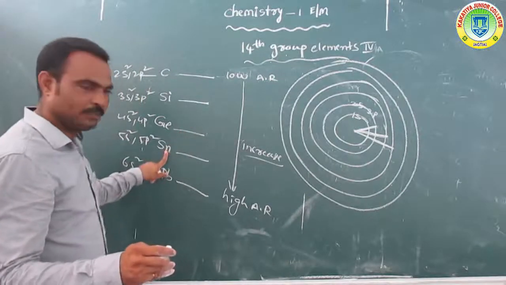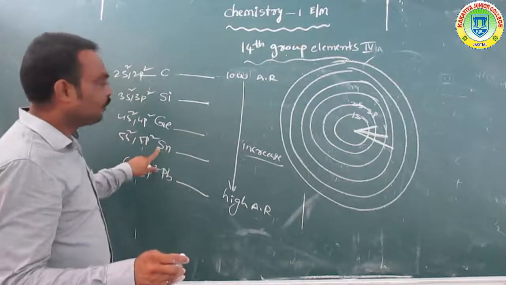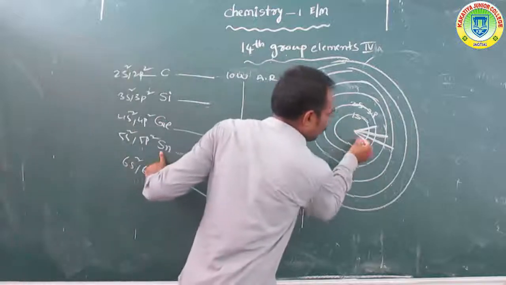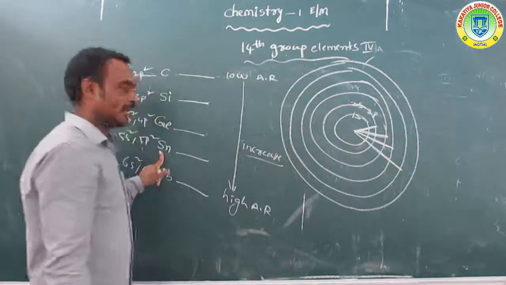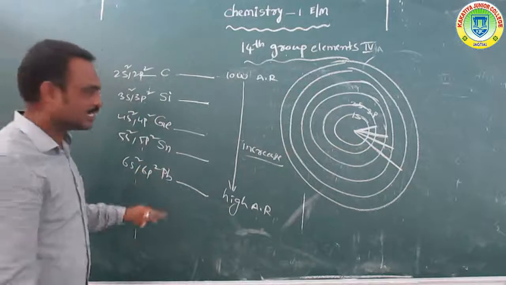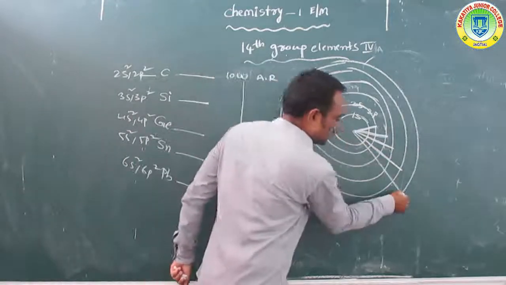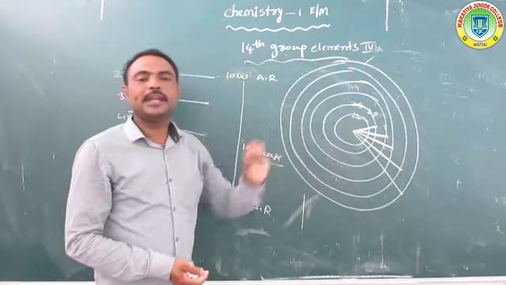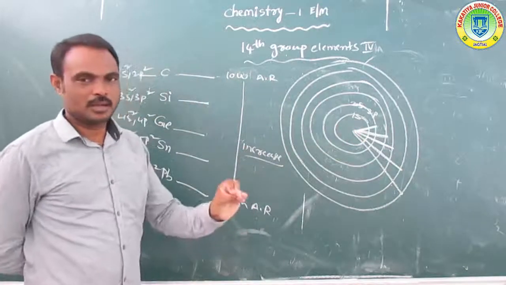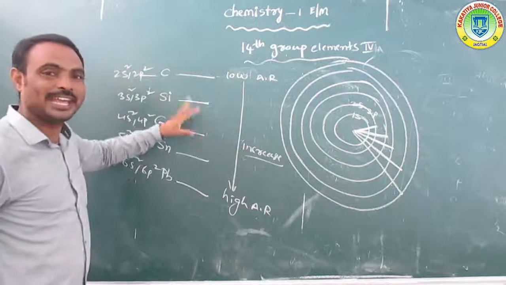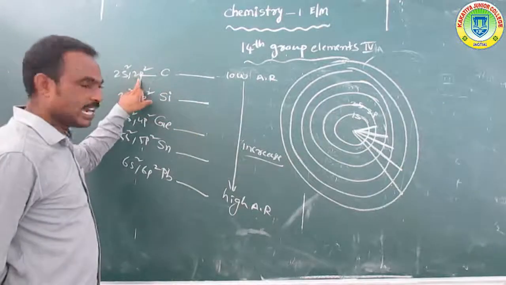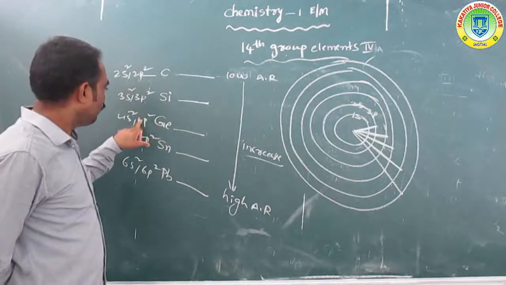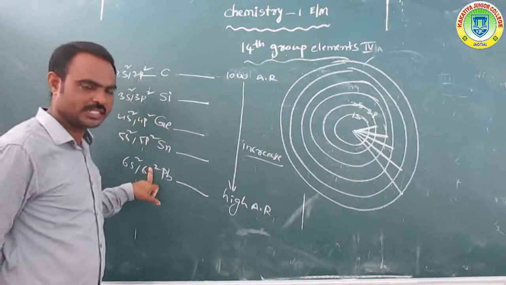At the same time, tin is the fifth shell, so the atomic radius increases, and lead is the sixth shell, increasing the atomic radius. Okay, so in each element the electron enters a new shell: second shell, third shell, fourth shell, fifth shell, sixth shell.